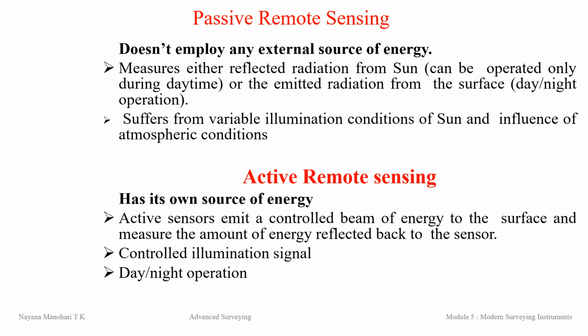In case of passive remote sensing, it makes use of sensors that detect the reflected or emitted electromagnetic radiation from natural sources. It measures either reflected radiation from the sun.